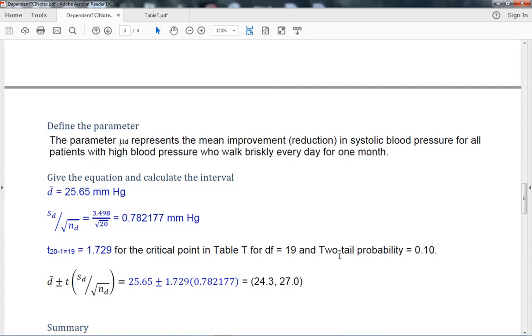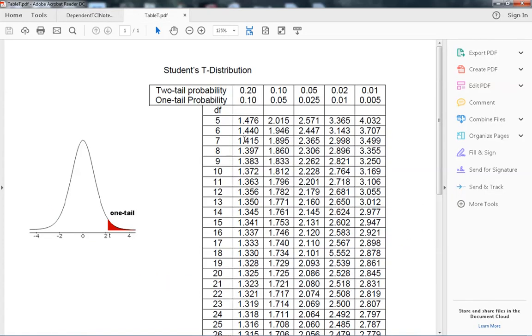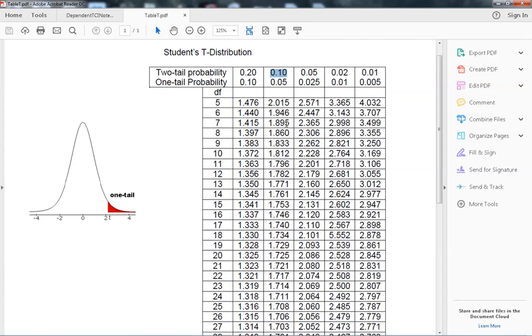And then the two-tail probability for 90% confidence: 90% to 100% is 10% left over in the two tails. So we would go over, find the two-tail probability of 0.10, and then go down the table and find the 19 degree of freedom row, and our critical point is going to be that number.